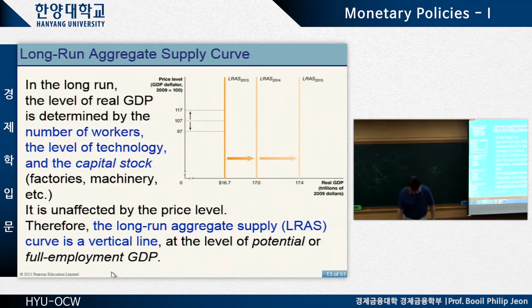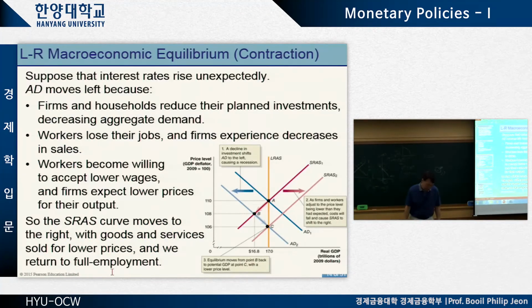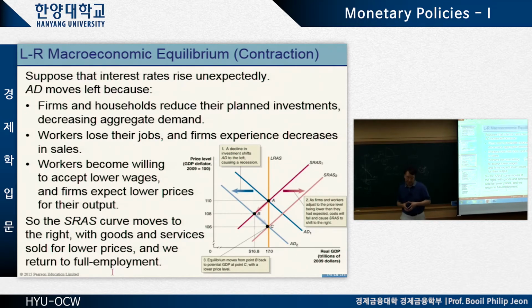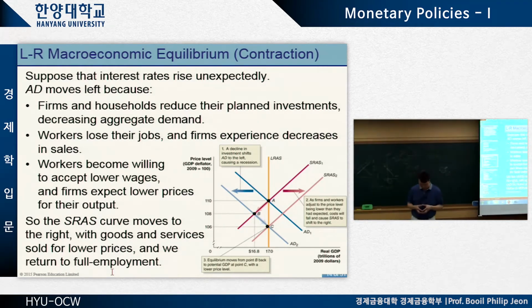Okay. Now we're getting into actual analysis, and this is the time you should really pay your attention, and how we explain what happens in the economy using aggregate demand and aggregate supply. So here, suppose that interest rate rises unexpectedly.